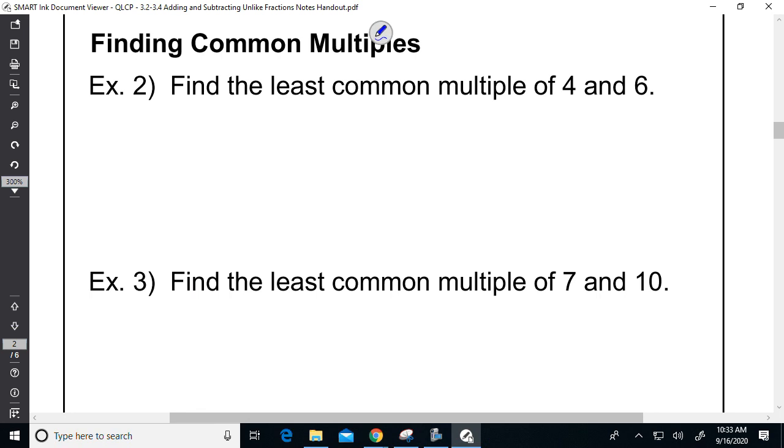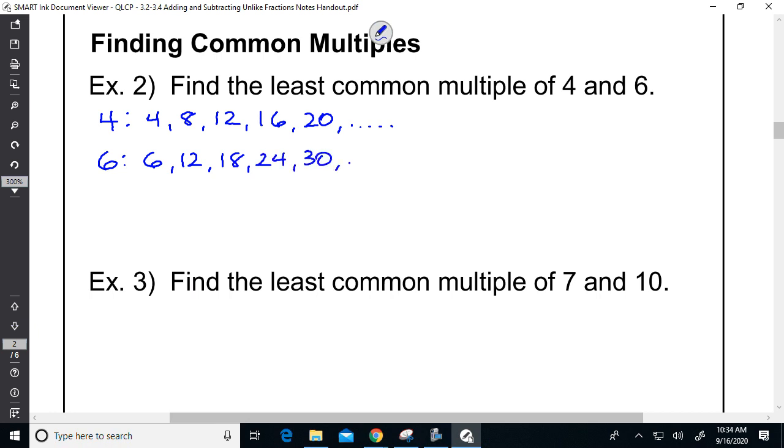So the least common multiple of 4 and 6 is 12. So 4 is 4, 8, 12, 16, 20. And 6: 6, 12, 18, 24, 30. So 12 is the first number that matched.